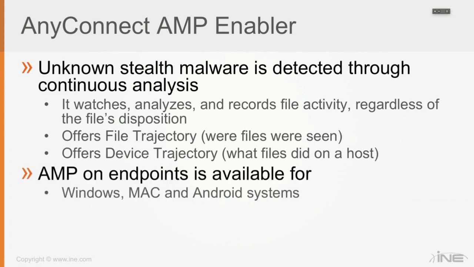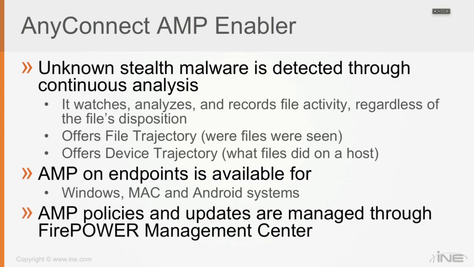AMP on endpoint is available for Windows, Mac, and Android systems, so not for Linux and not for iOS systems so far. And AMP policies and updates are managed through Firepower Management Center.